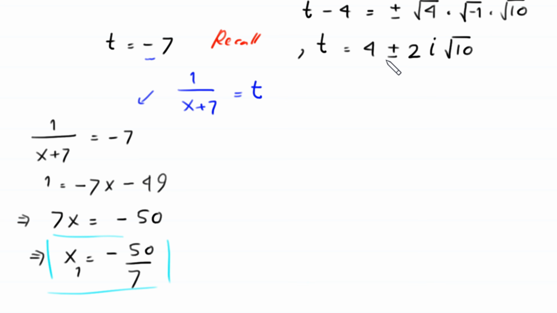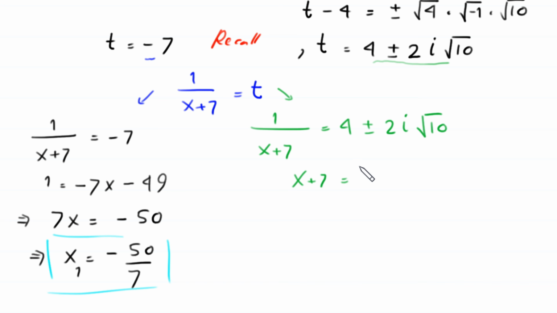Now when t is 4 plus or minus 2i times root 10, then this will become 1 over x plus 7 equal to 4 plus or minus 2i times root 10. If we take a reciprocal on both sides, this implies that x plus 7 equal to 1 divided by 4 plus or minus 2i times root 10.